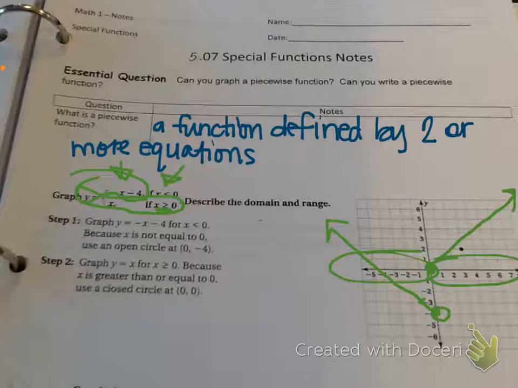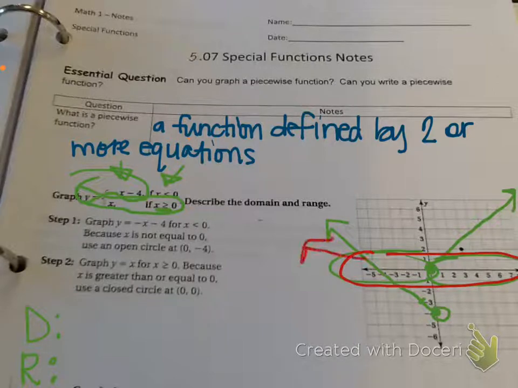Alright, so the next thing we have to do is describe the domain and the range. So you'll remember that the domain is your x's and the range is your y values. So looking at the graph, we can see that the x values, here's all my x values.